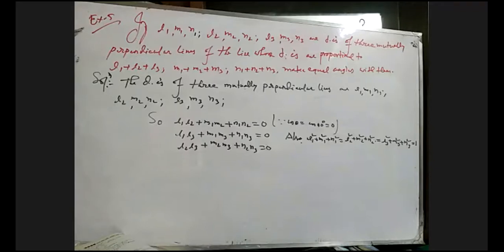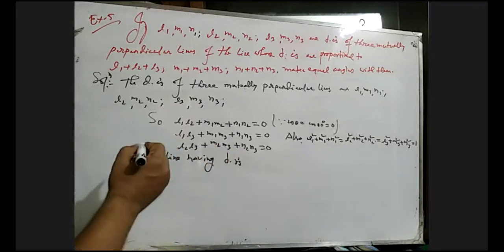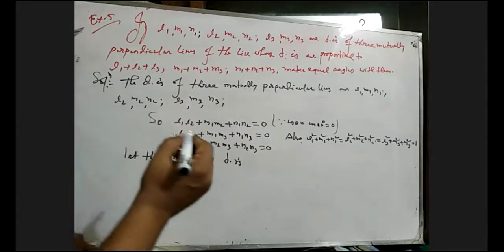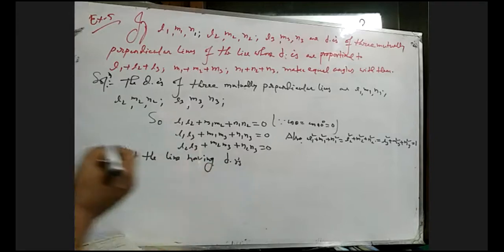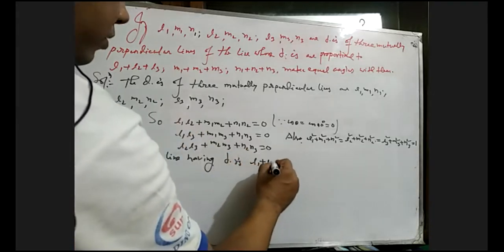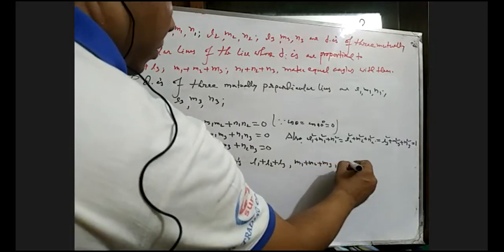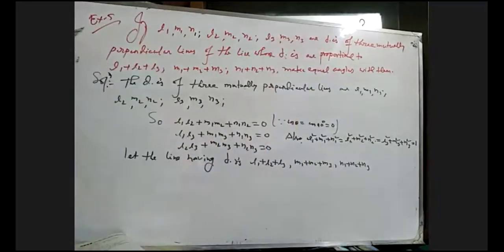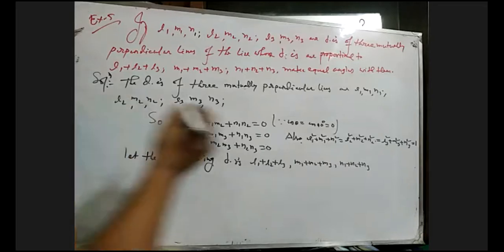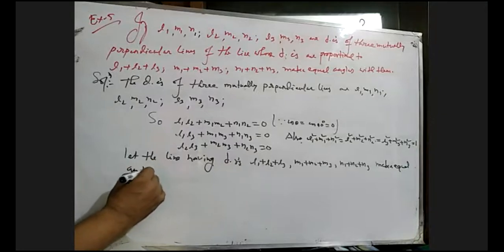So let the line having direction ratios L1 plus L2 plus L3, M1 plus M2 plus M3, N1 plus N2 plus N3, as given, make equal angle theta.